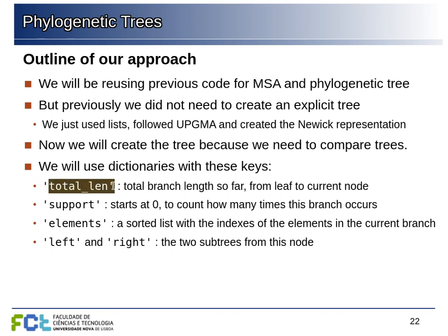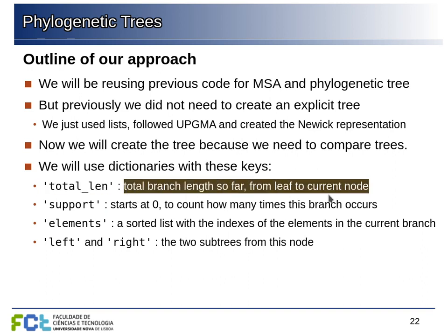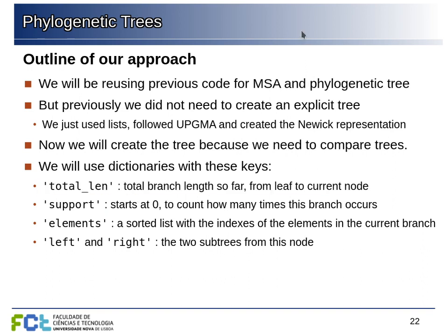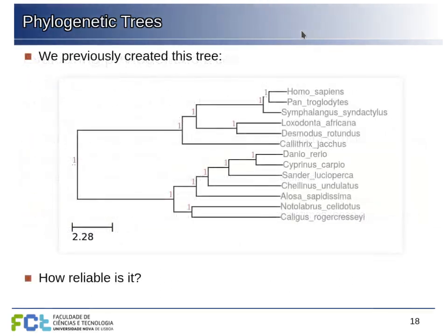The total length will be the total branch length so far, counting from the end. So, for example, the terminal nodes, these leaves, will have a total length of 0. They are at the end. Then when we reach this part of the tree, we have a total length of 0.5. In this case, remember that the difference between the two was 1, so we split 1/2 on each side.